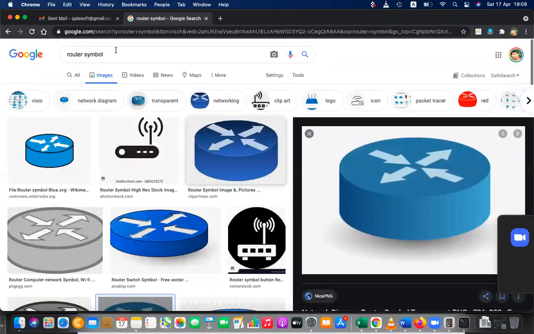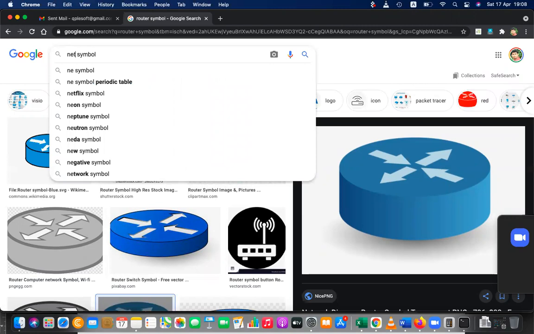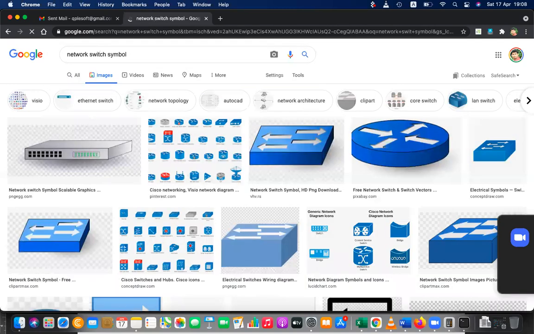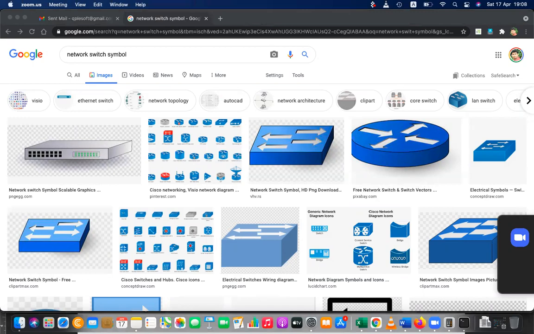Switch also has a symbol. So no need to follow the symbols, but if you can use them, this is switch, this is router. There are basic, fundamental changes.